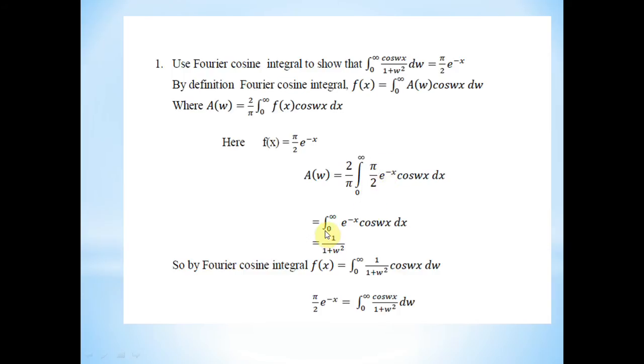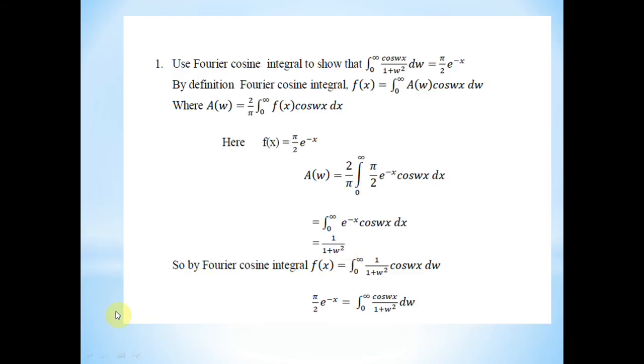It becomes integral 0 to infinity e raised to minus x cos omega x dx, which reduces to 1 by 1 plus omega square. This formula we have discussed in the previous classes.